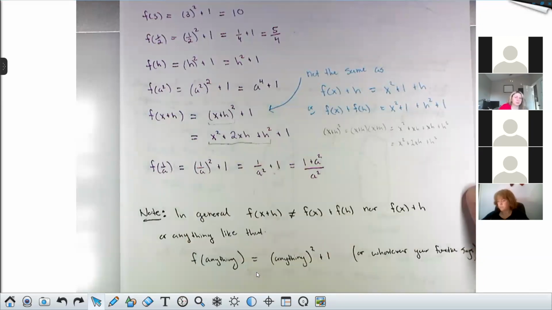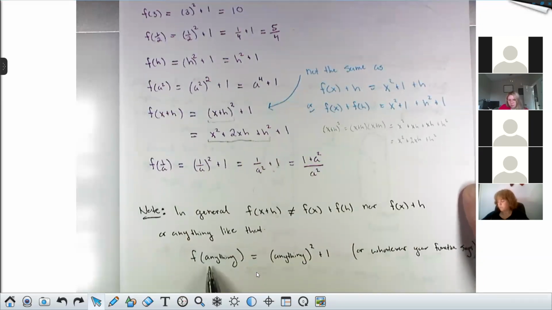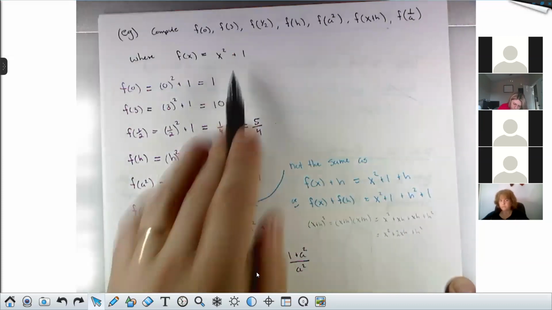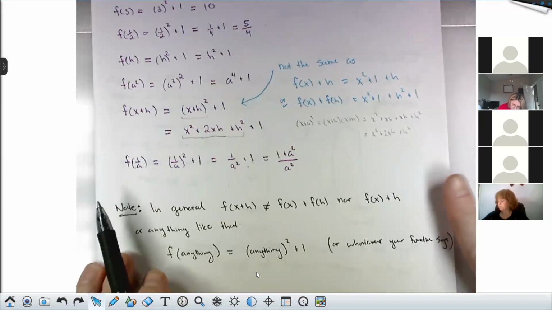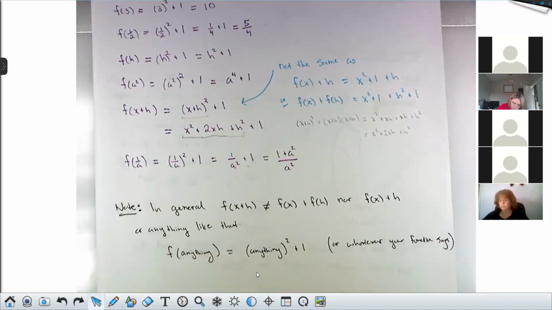Whatever your function's formula says. Just take the thing that's here and plug it into the formula for the function. And you want to do so in parentheses. There is no other correct way of interpreting statements like this. It might be tempting, but I don't want to do that.